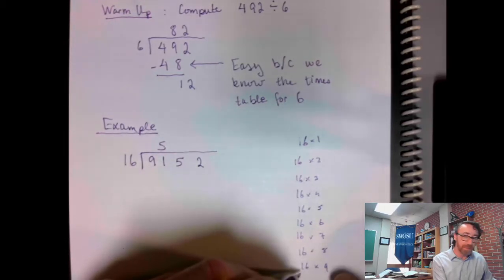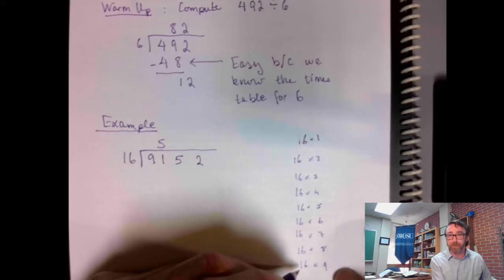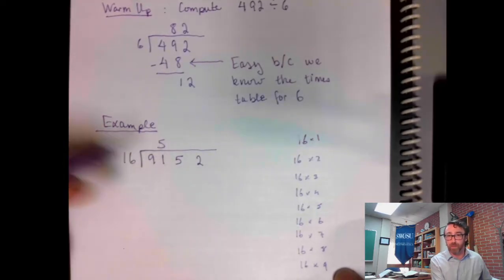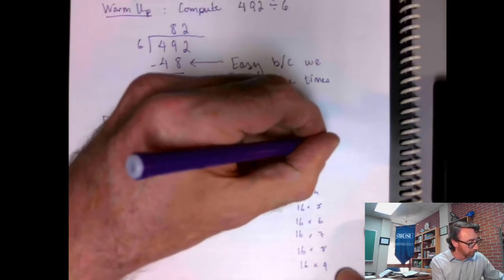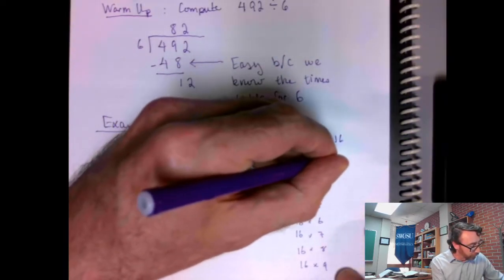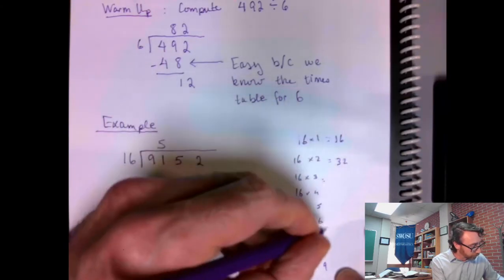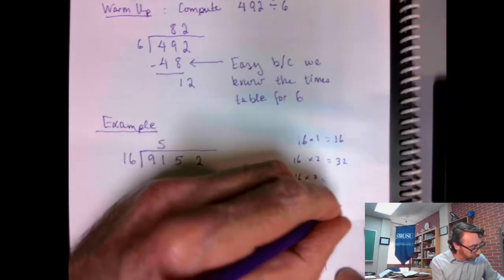I don't need 16 times 10 because I would never have to put more than one digit here in any spot, so I don't need to worry about that. Okay, this one's easy, 16, 32. We actually know this when we just did it, it's 80.